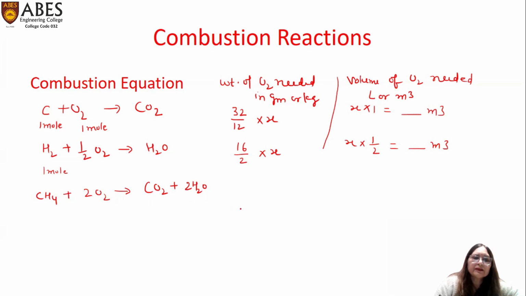According to weight of oxygen needed, it is the same approach. According to volume of oxygen needed, 1 mole of methane requires 2 mole of oxygen. How much for x? We can write x into 2 meter cube.